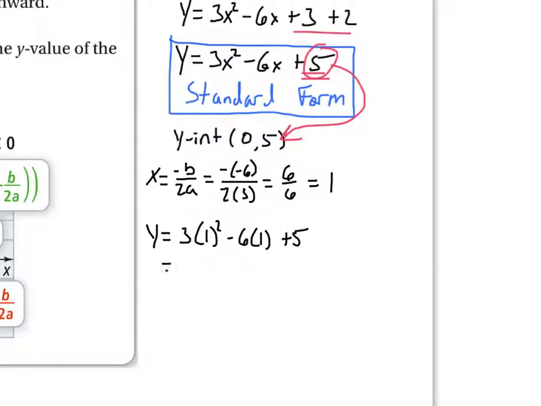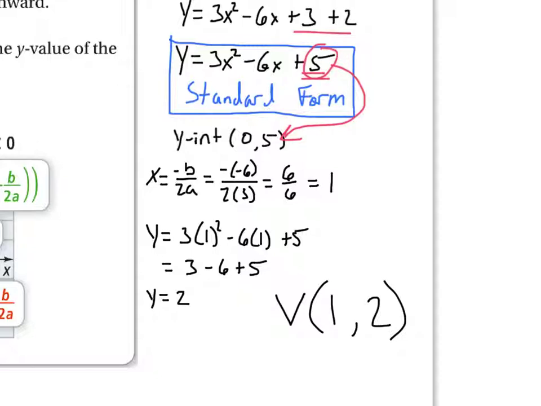Well, 1 squared is 1, 3 times 1 is 3, negative 6 times 1 is negative 6, plus 5. So 3 minus 6 is negative 3, negative 3 plus 5, positive 2. So our vertex is located at 1, 2.